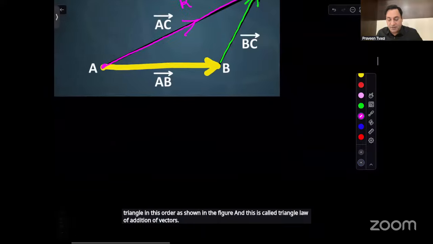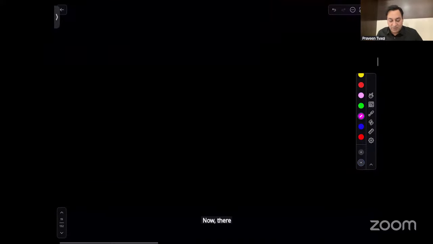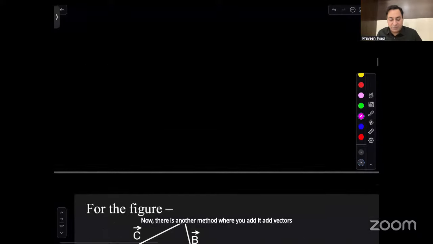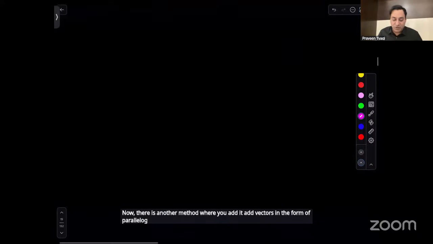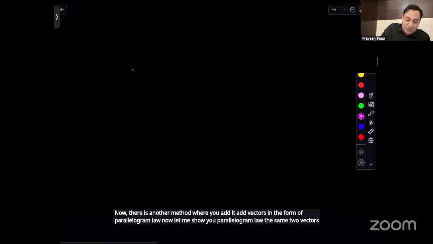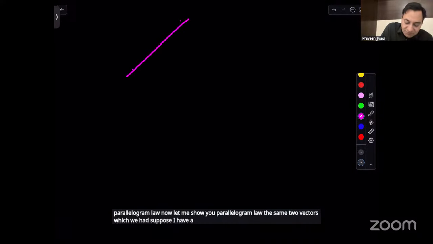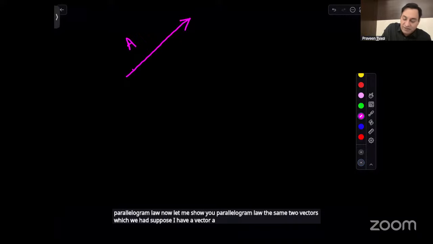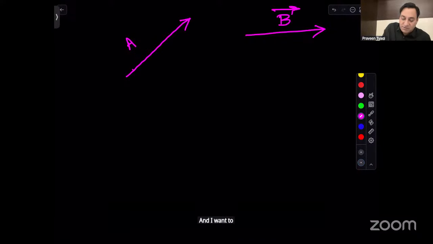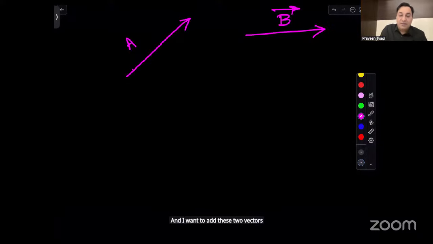Now, there is another method where you add vectors in the form of the parallelogram law. Let me show you the parallelogram law. The same two vectors which we had, suppose I have a vector A, I have another vector B, and I want to add these two vectors in the form of the triangle method.